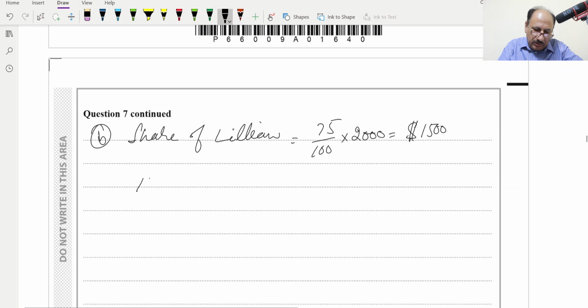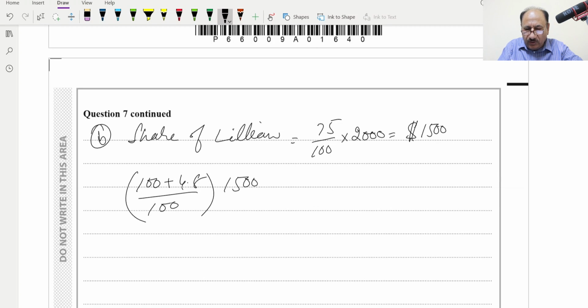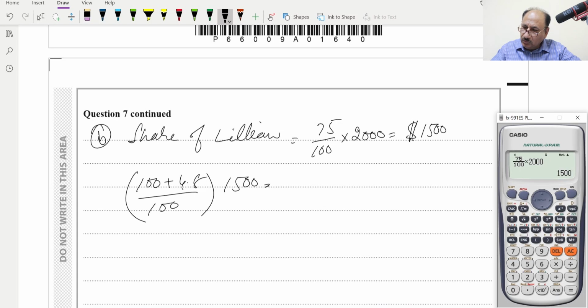And on this one it's 4.8% interest. So 100 plus 4.8 over 100, fraction, multiplied by 1500, and this is equal to 1572.